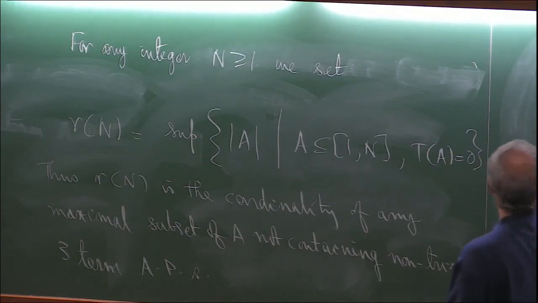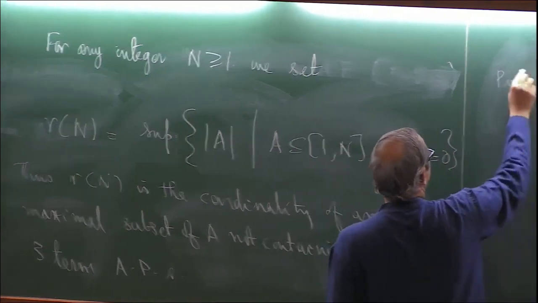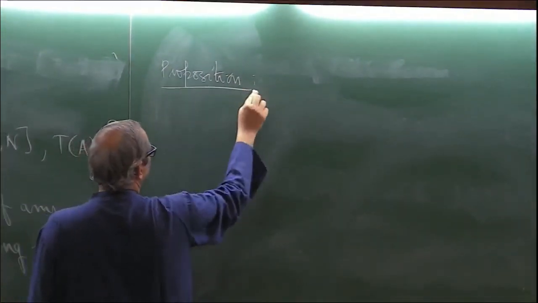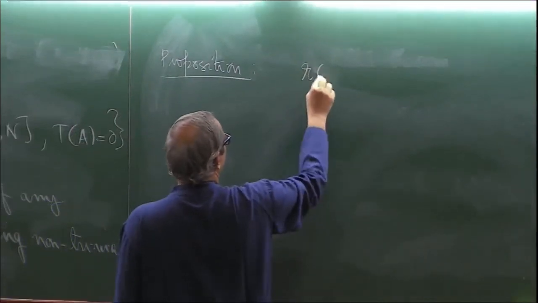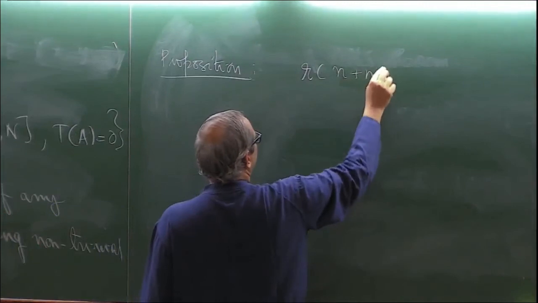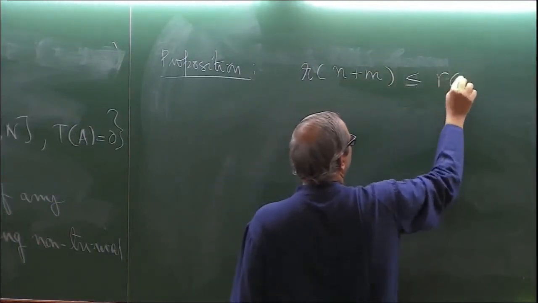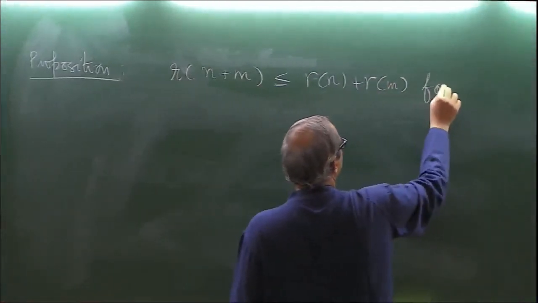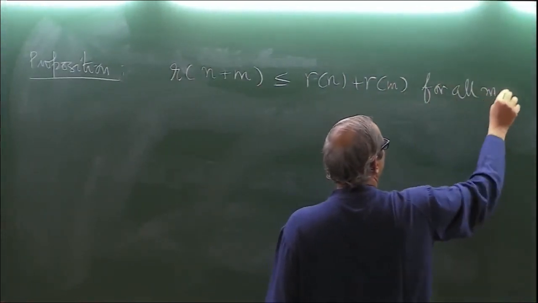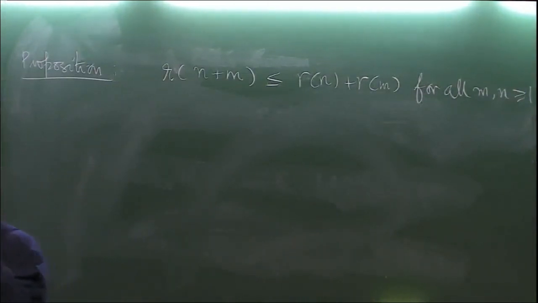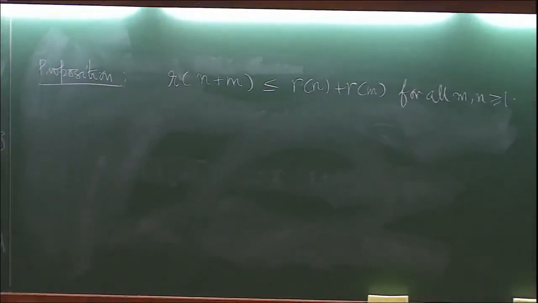You have this proposition, which is a very simple proposition: this time I will use small letters rather than capital ones. r(m+n) is less than or equal to r(n) plus r(m) for all m and n integers greater than or equal to 1. So it's a subadditive arithmetic function.